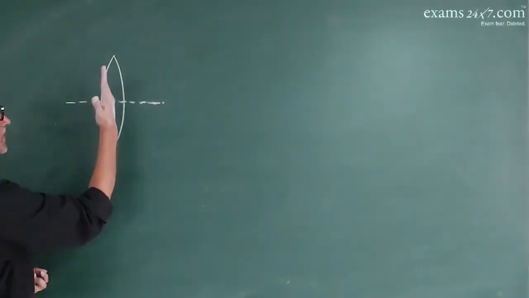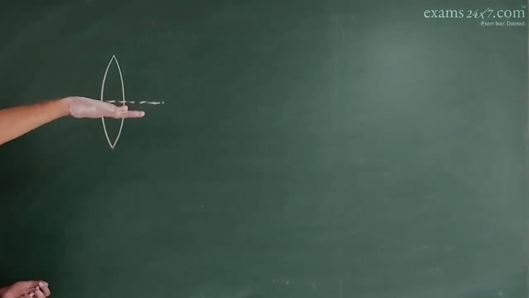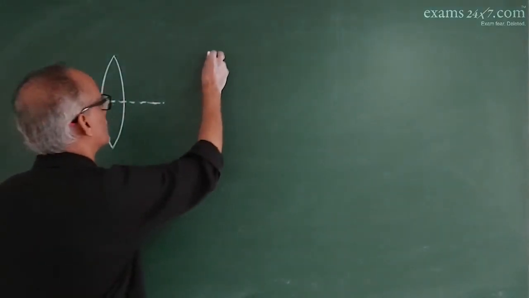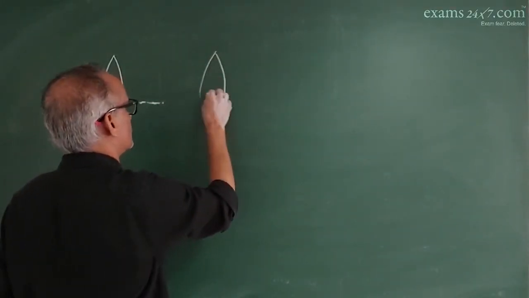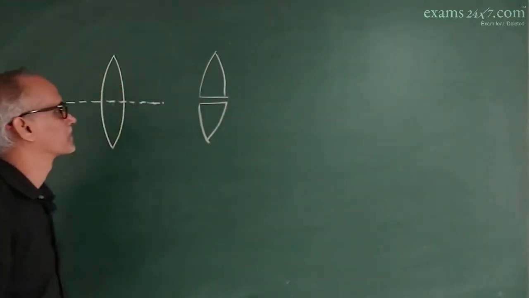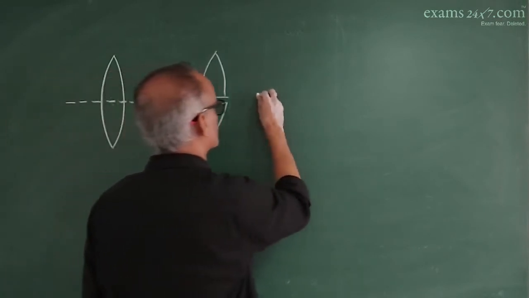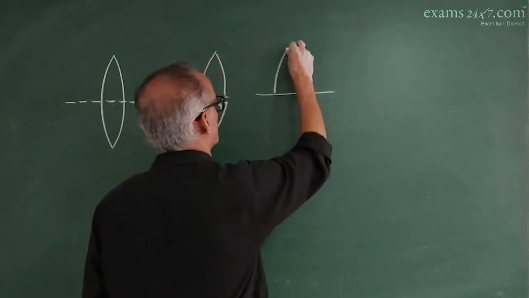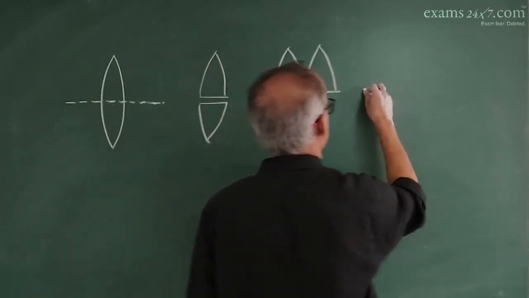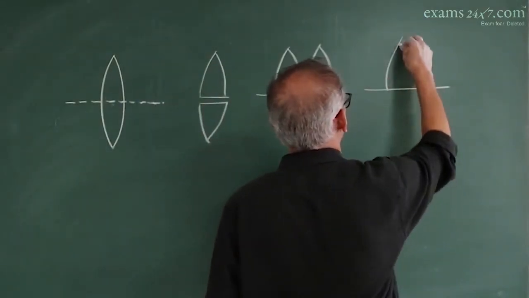Earlier it was cut perpendicular to the axis. Now it's cut by the plane passing through the principal axis. And then we get two halves like this. This is one half and this is the other half of it. Then they are arranged like this. This is situation number 1, and this is the next case.